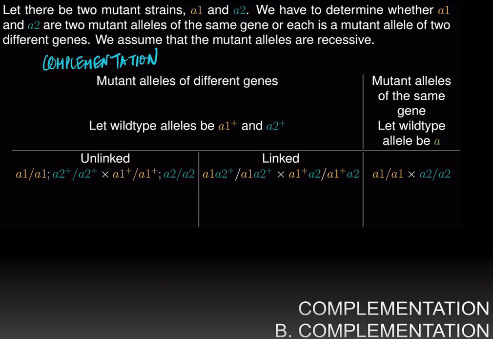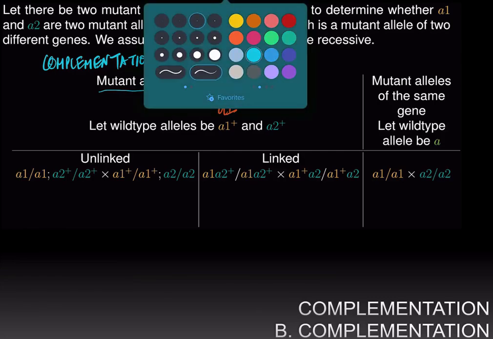So let's discuss the first case, where A1 and A2 are mutant alleles of different genes. And let the wild type alleles be called A1 plus and A2 plus, and the mutant alleles be called A1 and A2.